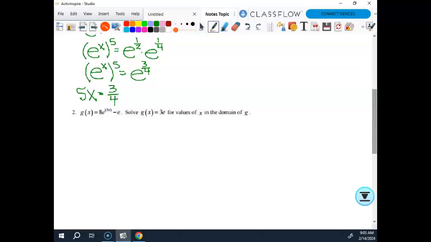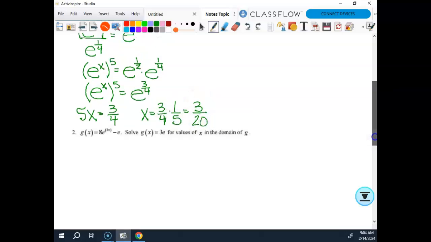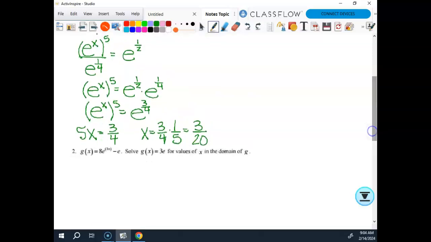Then I'm going to need to divide by 5. Dividing by 5 is the same as multiplying by what? 1/5. So this would be x equals 3/4 times 1/5, which gives me 3/20. Okay. All right. Everybody okay with that?